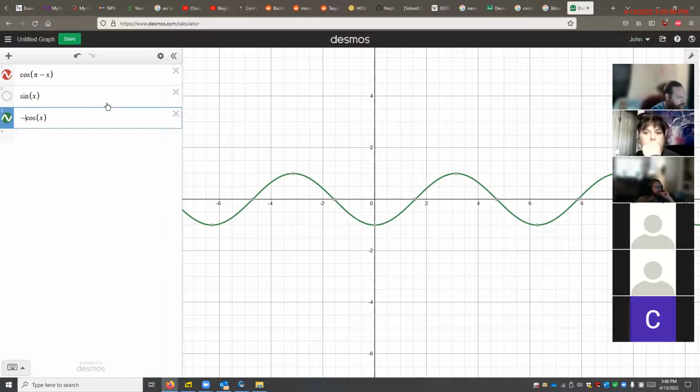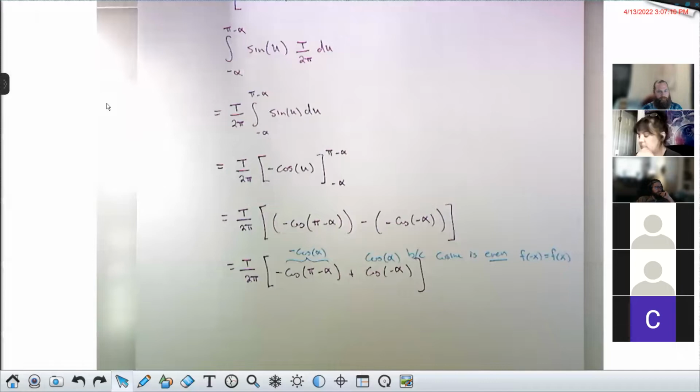So cos of negative alpha is the same as cos alpha. Cos of pi minus alpha is the negative of cos alpha. So I've got negative, negative.